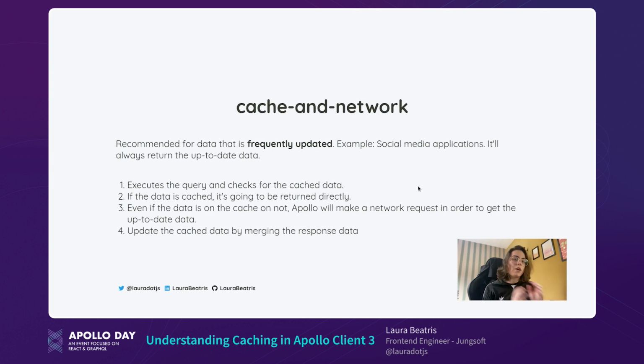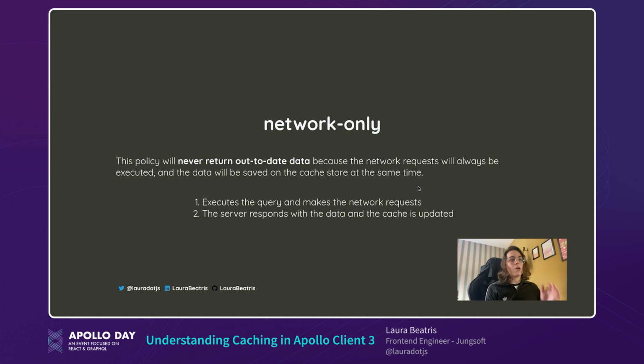And there's another one called network-only. This policy will never return out-of-date data because the network requests will always be executed and the data will be saved on the cache store at the same time. It executes the query and makes the network request, but it also saves the data on the cache.